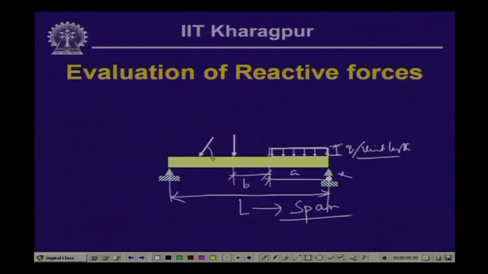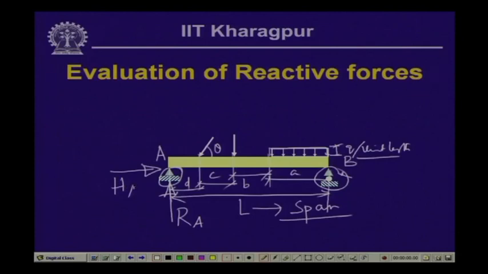An inclined load, let us say at an angle of theta, is acting at a distance of C from here, and this gap could be D. Now, if we draw the free body diagram, that means if we remove these supports and draw the corresponding reactive forces, we will have one vertical reactive force and one horizontal reactive force for the hinge support. If we call this end A and this end B, then this is R A, this is the horizontal force H A, and at this end we will have the vertical force only, as horizontal movement is allowed.